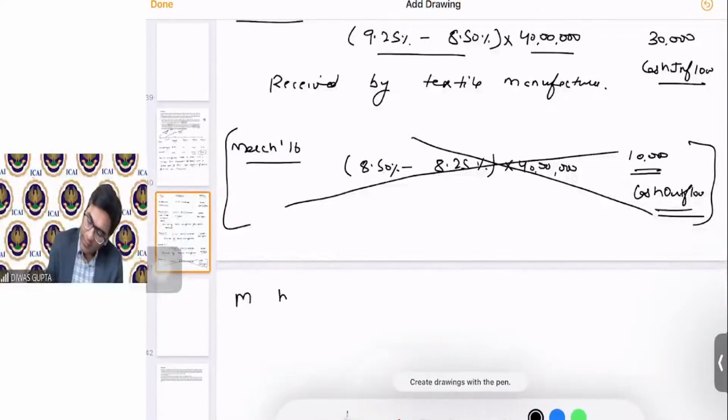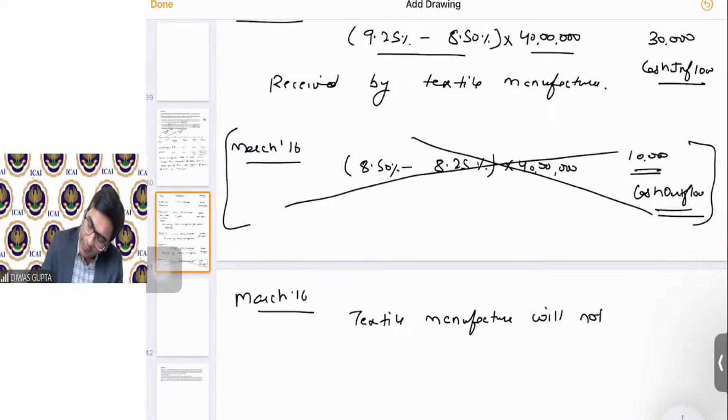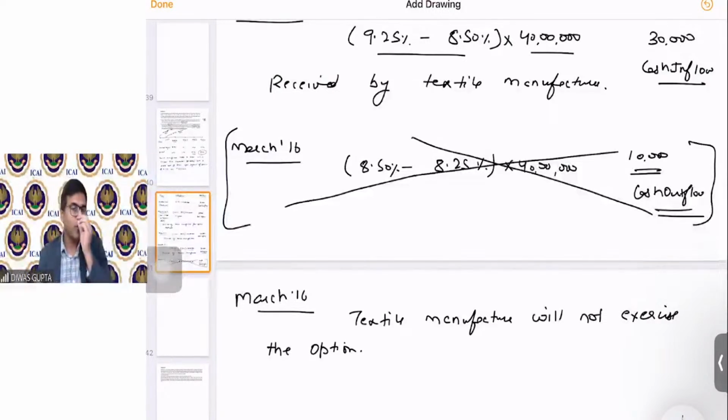So March 16, the textile manufacturer will not exercise the option. What he or she will do?